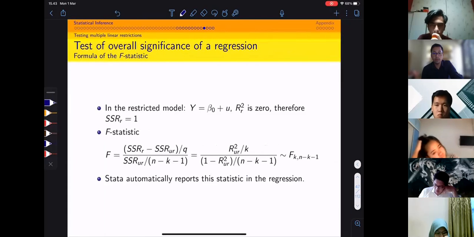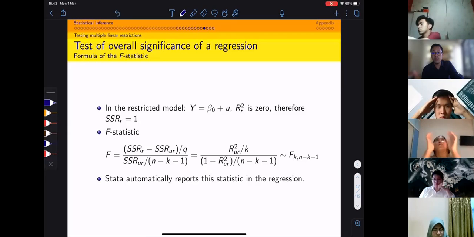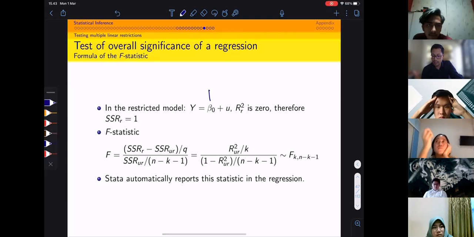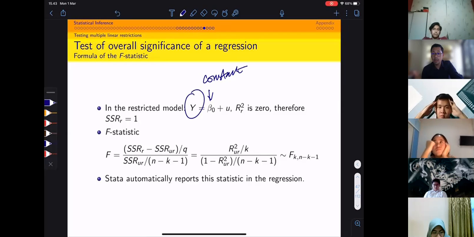So the restricted model is going to have an r squared of 0, because all the variation of y will be explained by the variation in the error terms, or the residuals. Why? Because this is a constant. All variation of y cannot be explained by a constant, so it's all going to be explained by the residual.